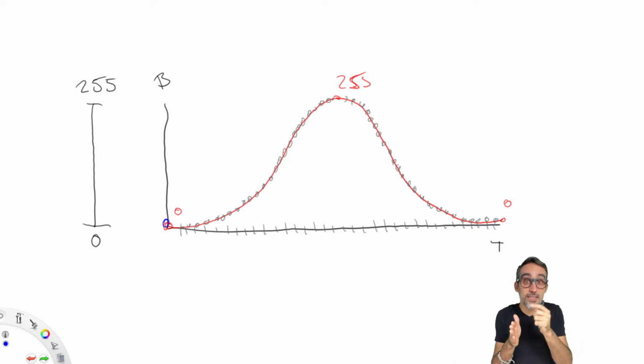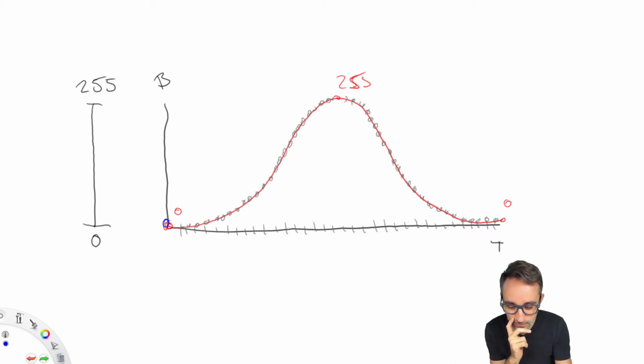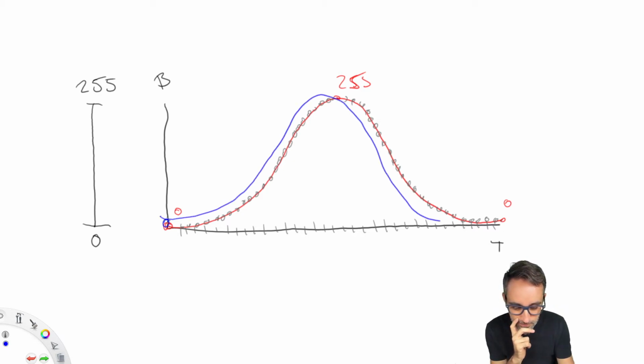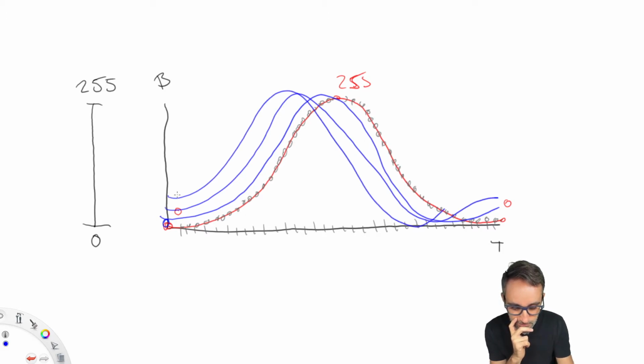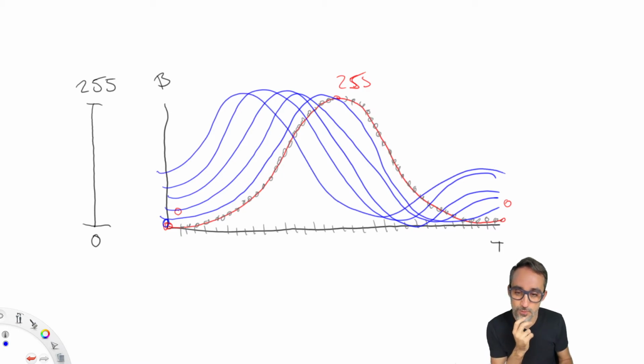All the LED lights that go from 0 to 500 are physically very close to each other. So instead of giving them random values, I give them random offsets that are very close to one another. Mathematically, I would end up getting a curve that looks like this, another curve that looks like this, and another like this. So I would get a much more homogeneous distribution, if you will.